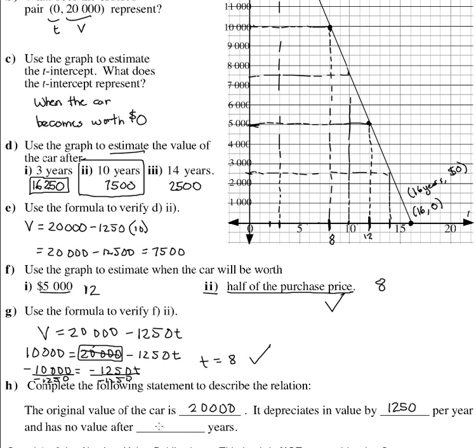And the car has no value after, where was it? Right there. It's been 16 years and your car is now worth $0. It's so old no one will pay anything for it anymore. This car is worthless after 16 years.